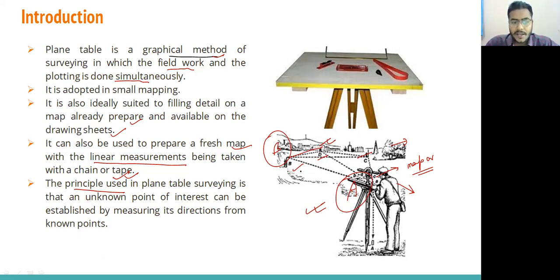So by measuring the direction of known points, we can locate the other points also. This is the principle that plane table surveying is based on, right?